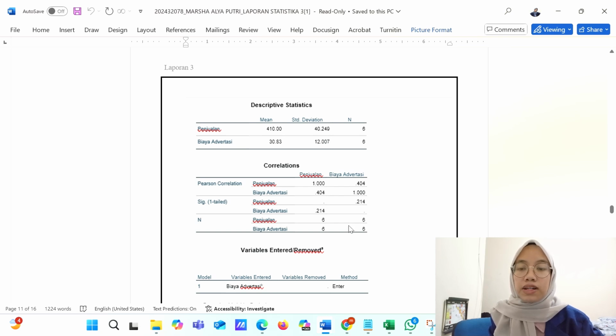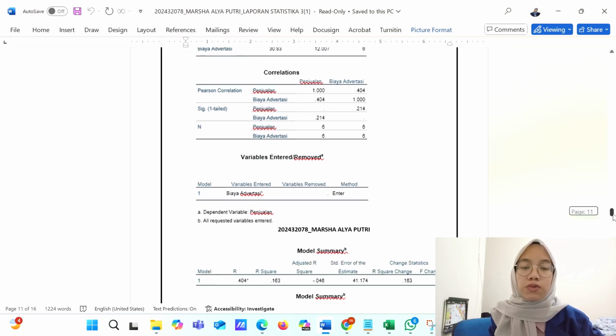Next, the Pearson correlation coefficient is 0.404, meaning there is a weak positive relationship between advertising cost and sales. Significant value equals 0.214, greater than 0.05.